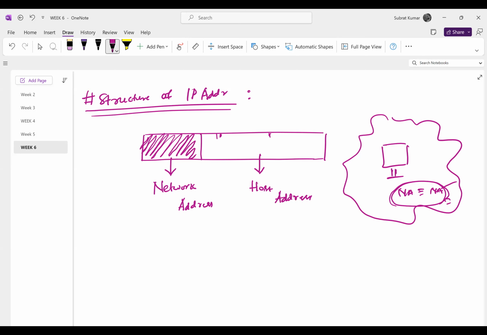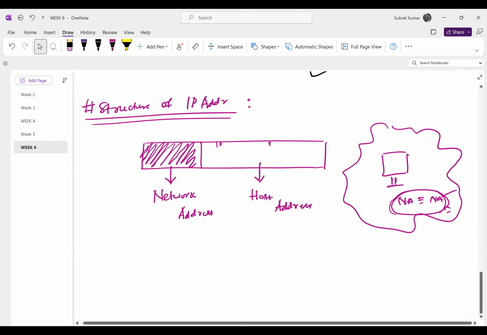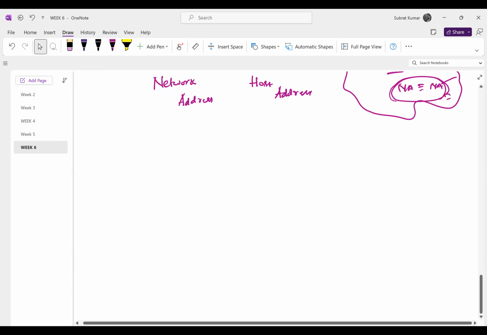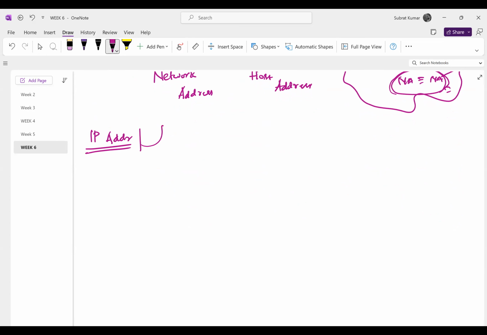Okay. So moving forward, when we started with the IP address nomenclature, there are two methods. The first one was what they created earlier: classful addressing.